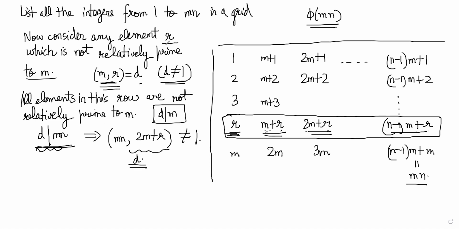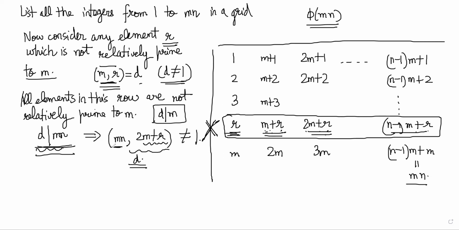We are taking an element r, which is not relatively prime to m. Every element of this row will be like this: r, m plus r, 2m plus r, right? And if the GCD of m and r is d, then d divides all of the elements in this row, right? If d divides m, then obviously d divides mn, and therefore mn also has a common factor d, and any element of this row also has a common factor d. So basically we can exclude this row from our thinking, right? Because all the elements in this row are not relatively prime to mn, right?